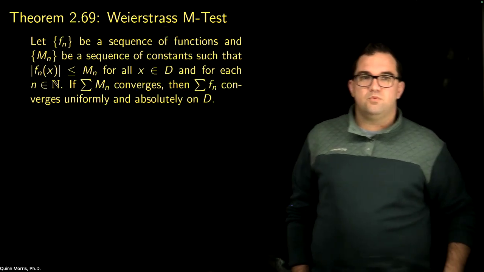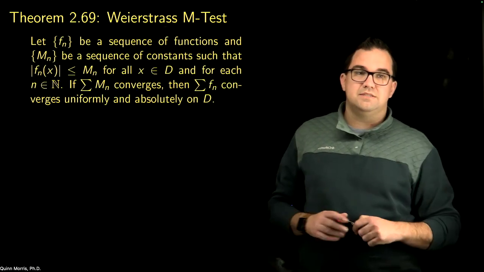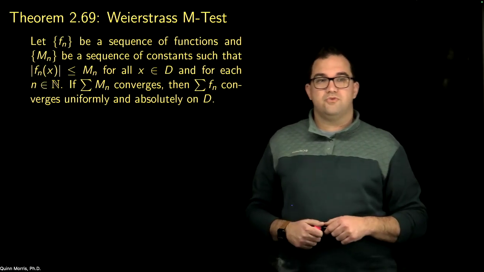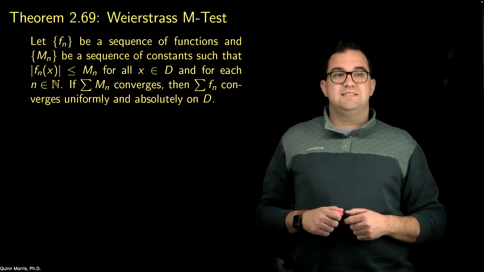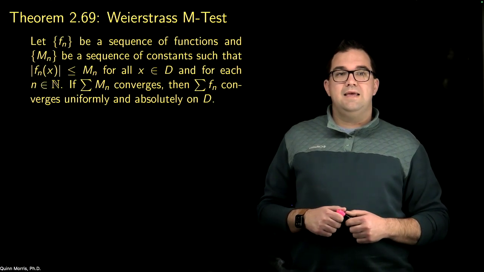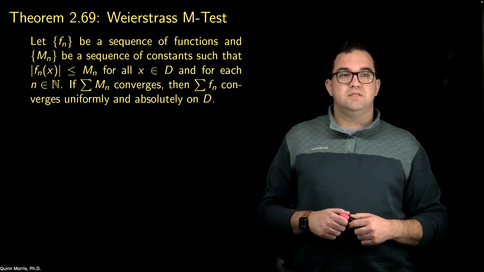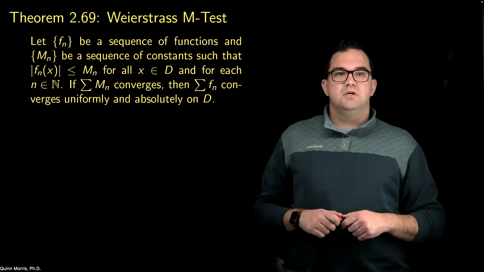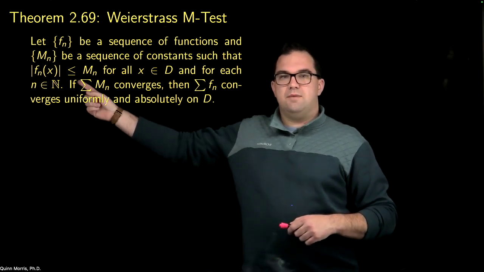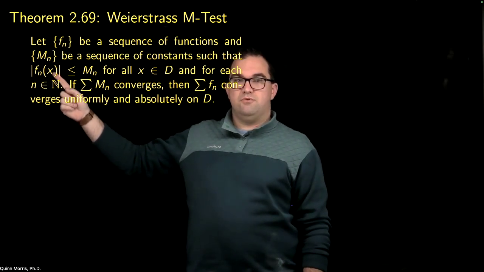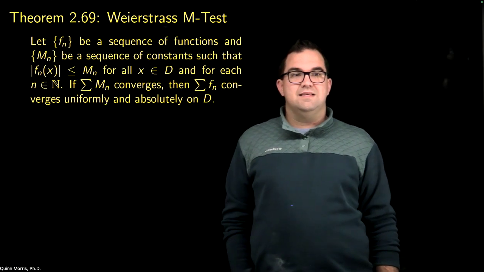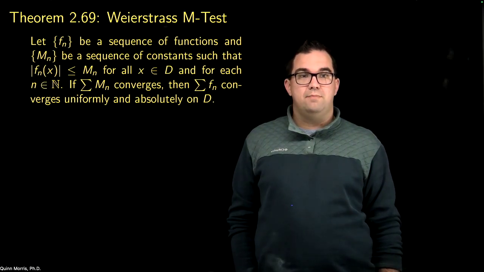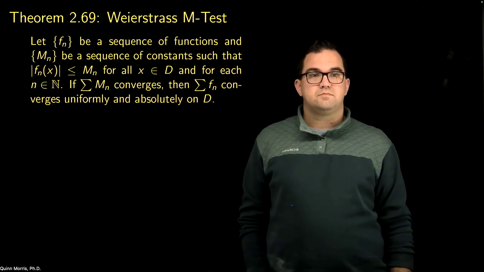So to begin, we first want to look at an important theorem in studying series of functions, a theorem called the Weierstrass M-test. So the test says: let f sub n be a sequence of functions, and let M sub n be a sequence of constants, or real numbers, such that each of the f sub n functions is bounded, its absolute value is bounded by M sub n, for all x in the set D, where D is the common domain of the functions f sub n, and for each natural number n.